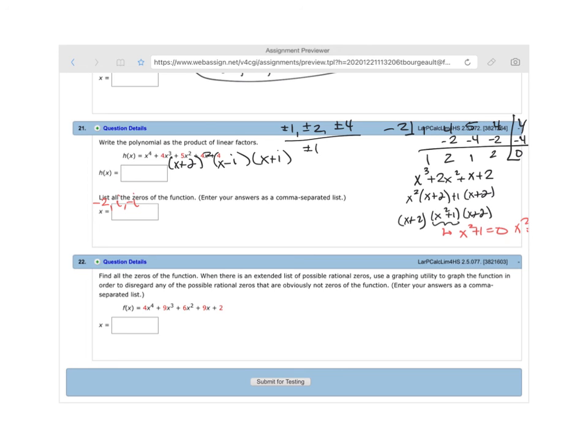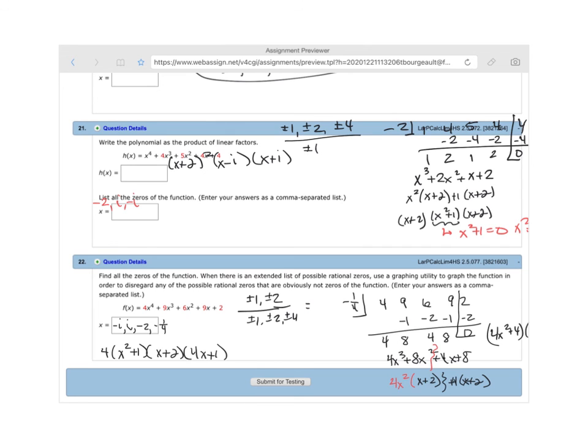So this gets me 4x squared plus 4 times x plus 2 times 4x plus 1. And then I know I can factor out the 4, so I get x squared plus 1 times x plus 2 times 4x plus 1. And then my zeros become negative i, positive i, negative 2, and negative 1/4.